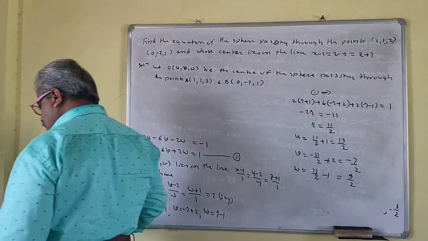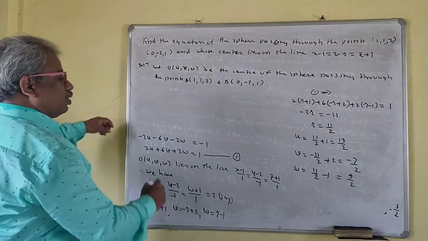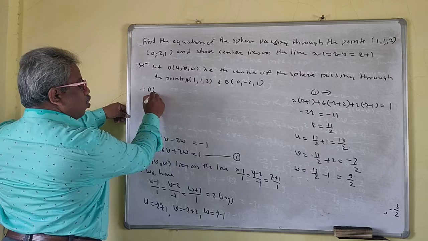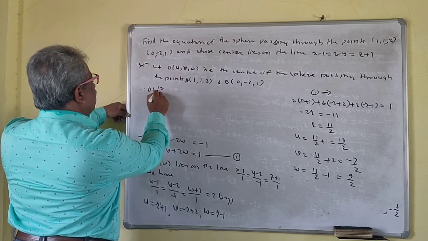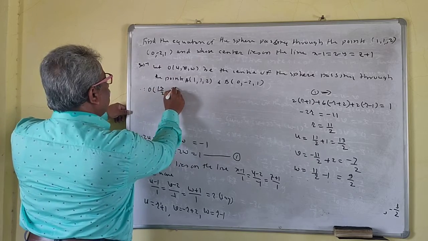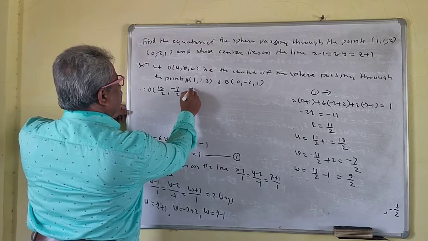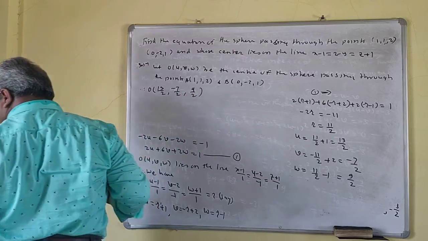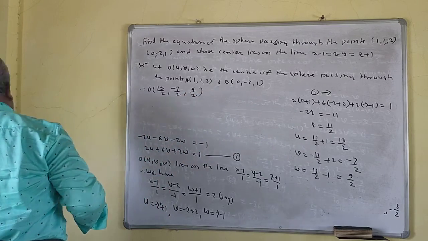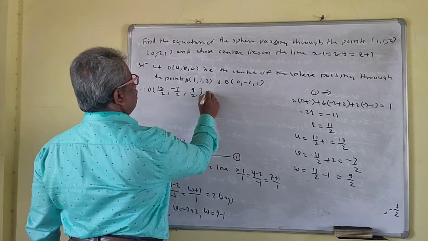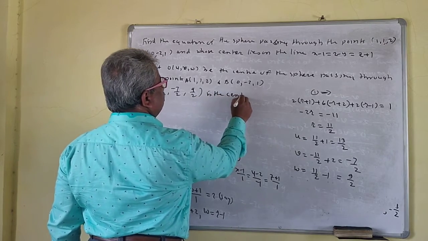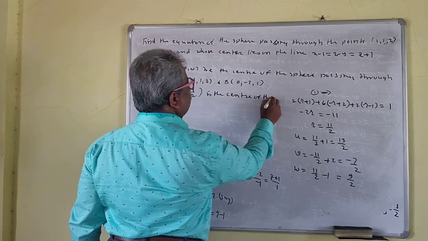So therefore the center O is (13/2, -7/2, 9/2).